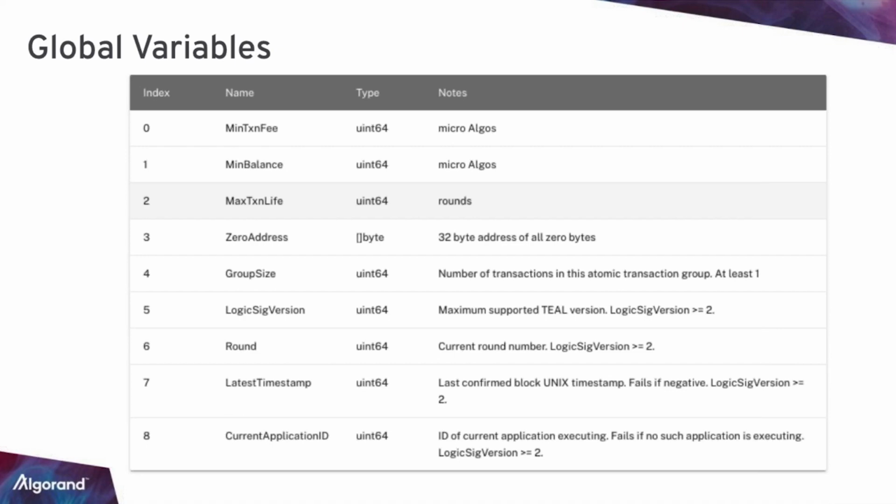Group size is how many transactions were submitted at once in an atomic transfer. The zero address is basically a way of saying that a certain address is not set, so we have this global variable for it. And then you got minimum balance, minimum transaction fee. Another thing you can get is current application ID. I want to know what my ID is currently in the Stateful Smart contract.